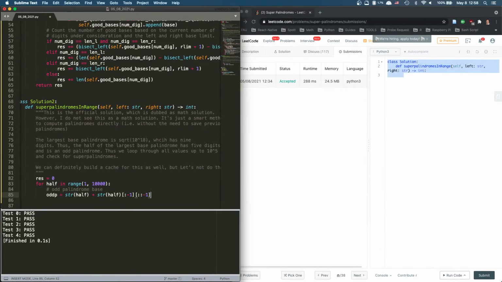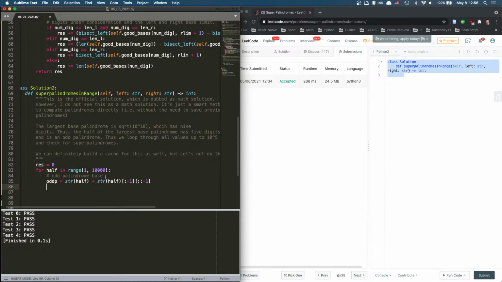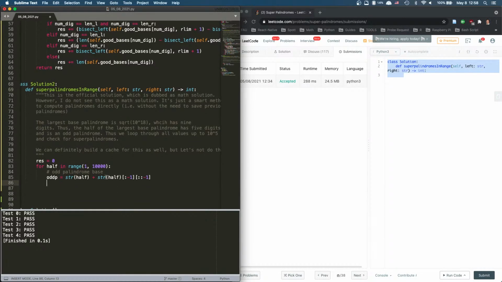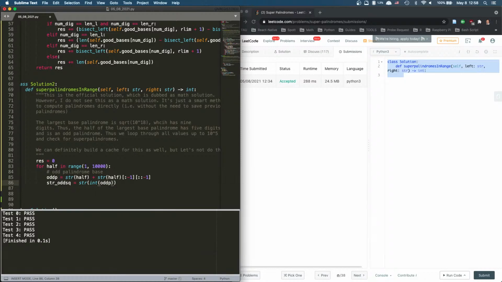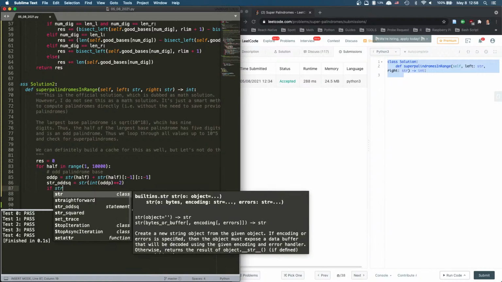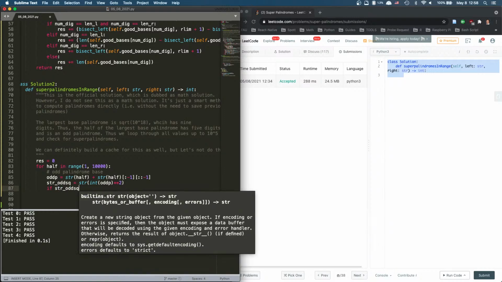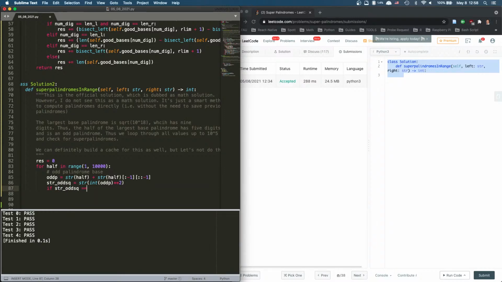This is odd. And then odd square equals str of int odd p squared, and if str odd square equals str reversed, rest plus 1.